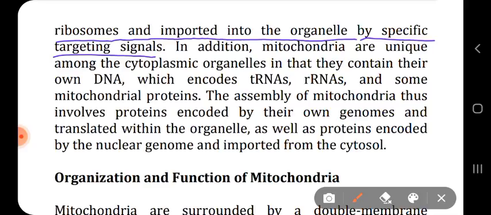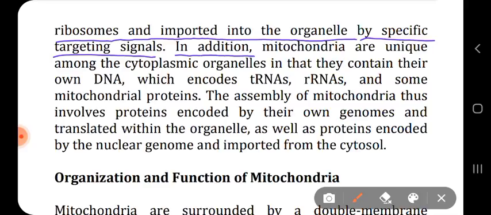So the proteins which form the mitochondria and perform its functions are first translated by the free ribosomes, and then imported into the mitochondria with the help of specific targeting signal molecules.